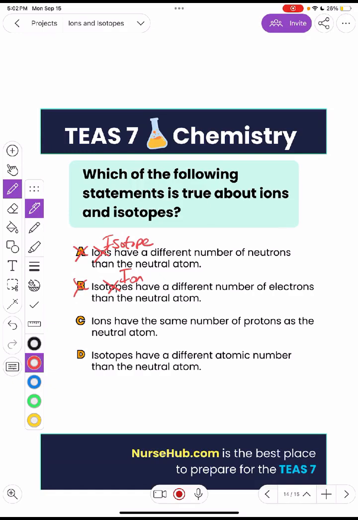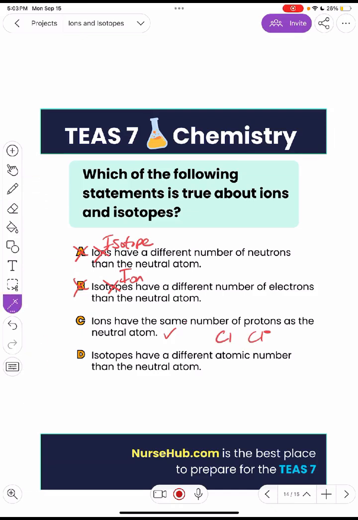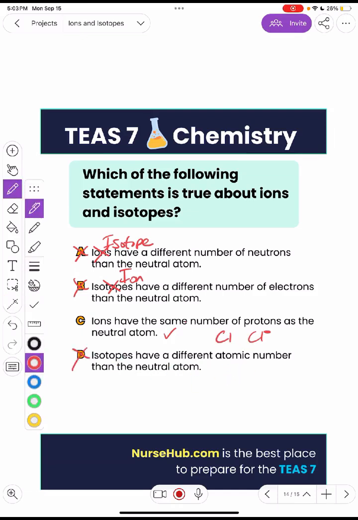That is true. Okay? Because protons aren't changing. Whether it's a neutral Cl or a Cl minus, they're each Cl. And then isotopes have a different atomic number than a neutral atom. That can't be true, because then that would be a whole different atom. So yes, the answer, if you said C, you are correct.